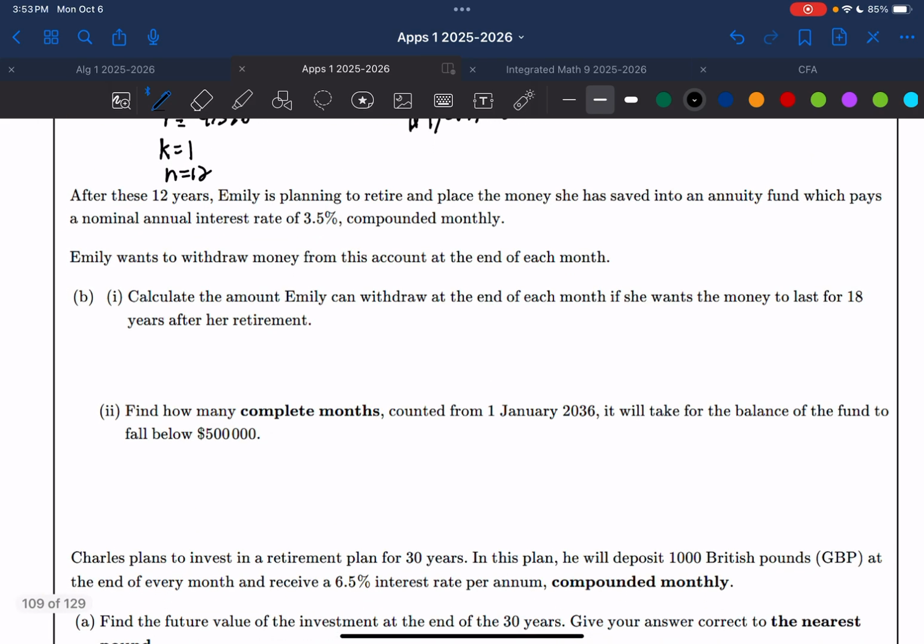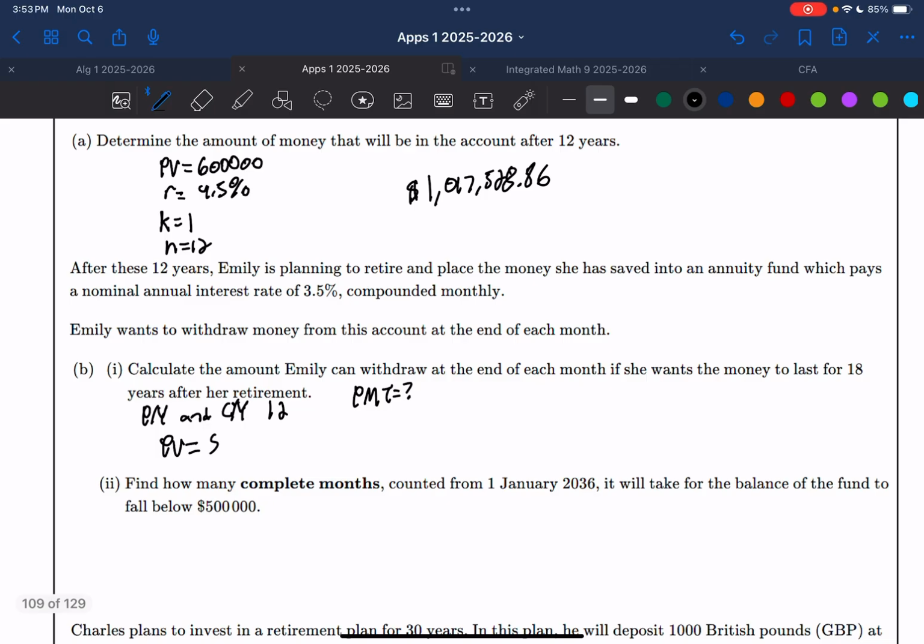All right, so here we've got to figure out, first of all, PY and CY are going to be 12 here. We're working with monthly compounding and monthly payments. We don't know the value of the payments, right? That's what we're trying to find. We know that the present value is going to be that amount that she has, so negative, right?